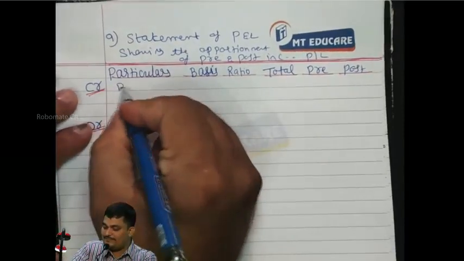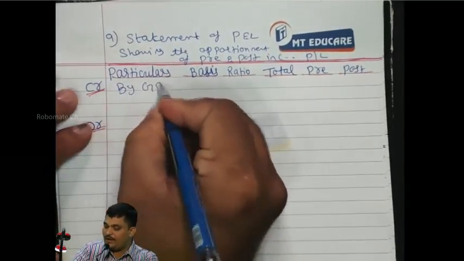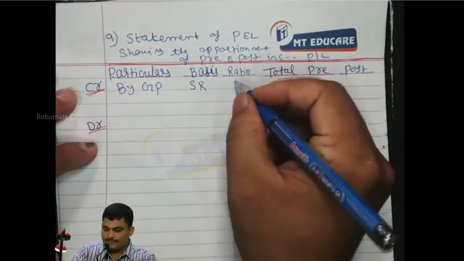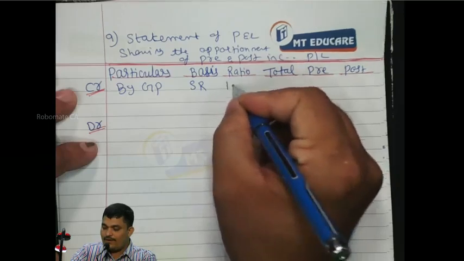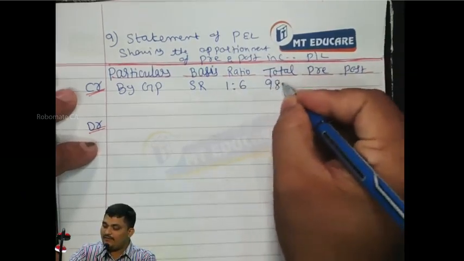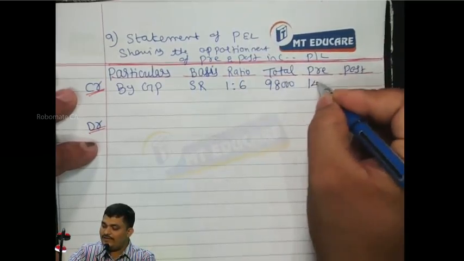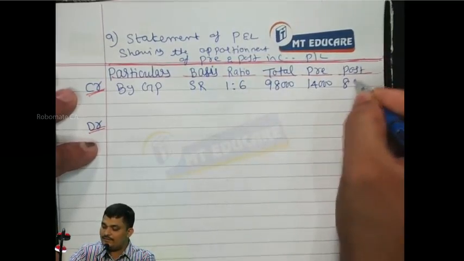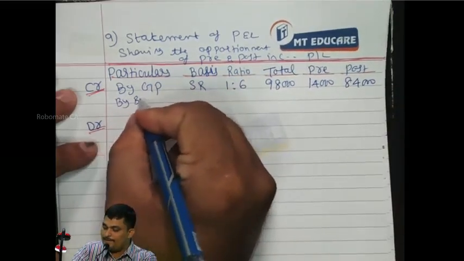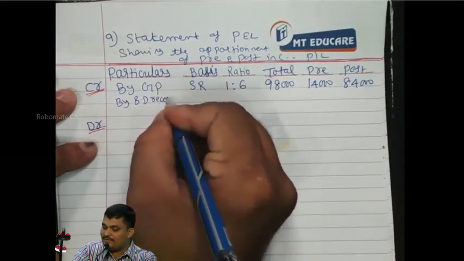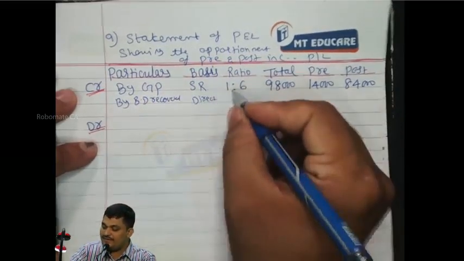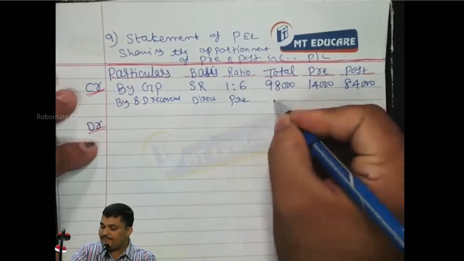Gross profit, on gross profit basis, 1 is to 6, 98,000, 14,000. Okay. Bad debts recovered, direct, not specific, pre.